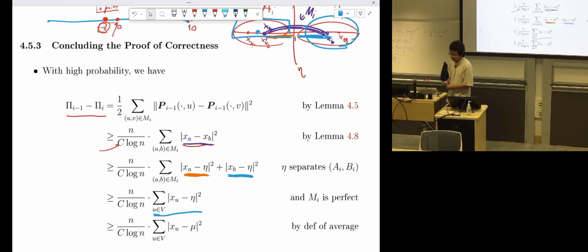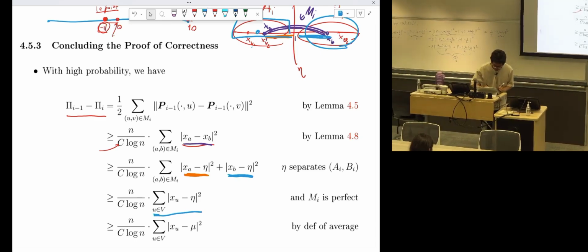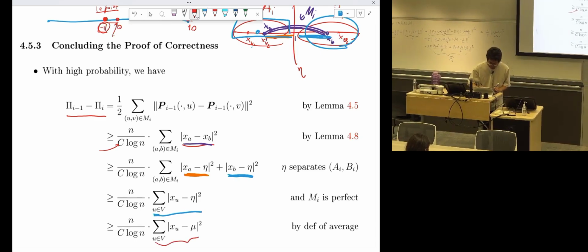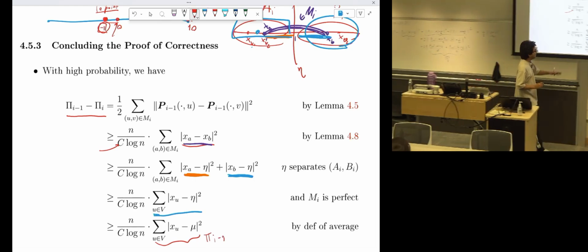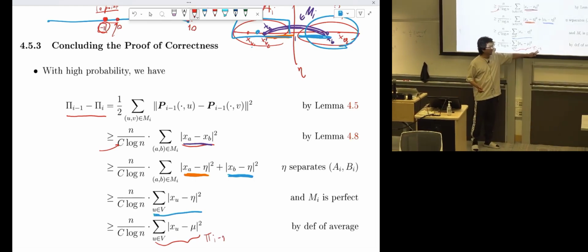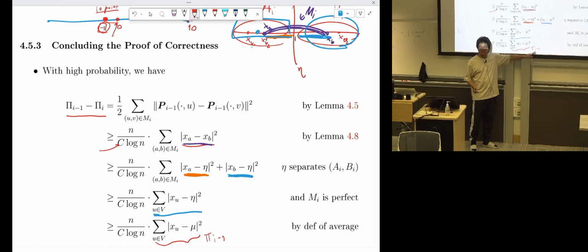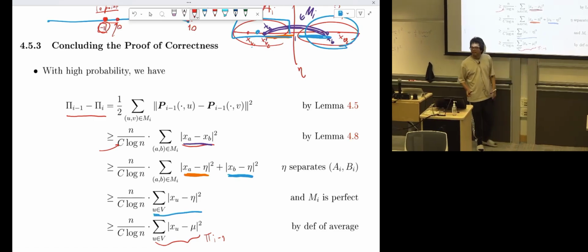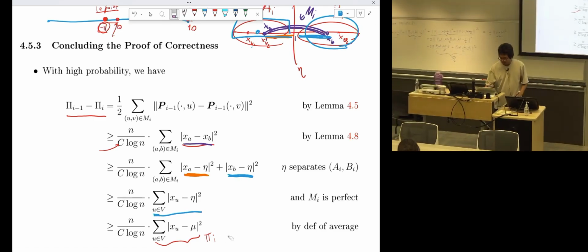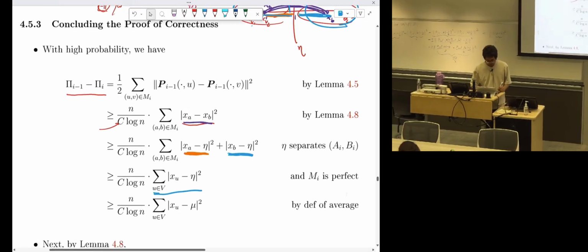I want to say that with our projection, it would be just the potential function. So let's try to make it formal.